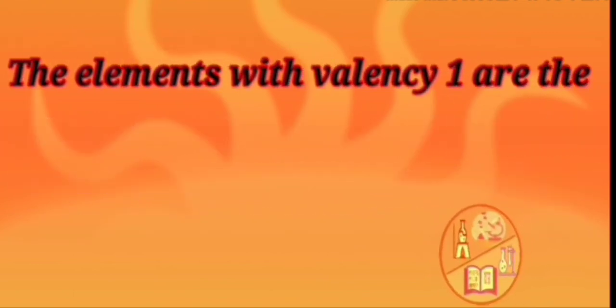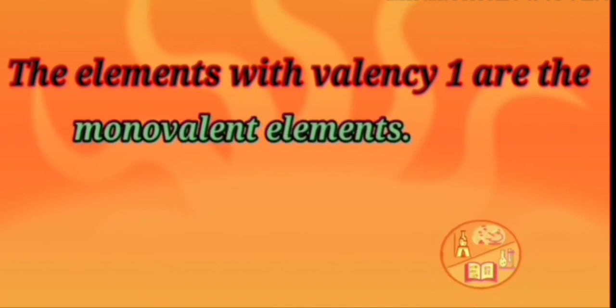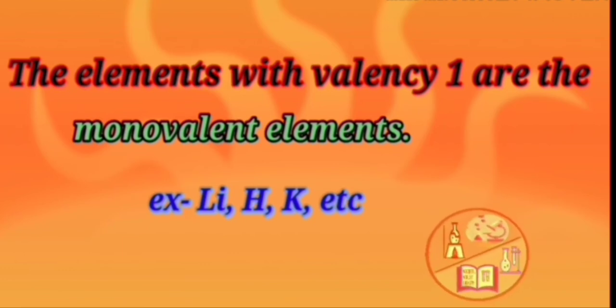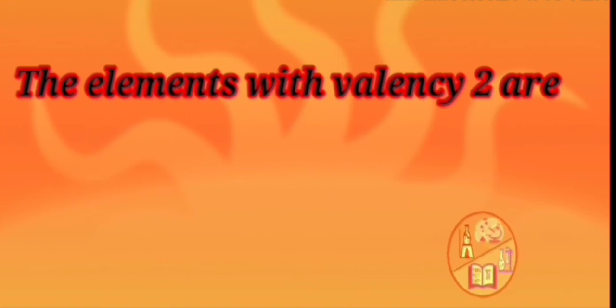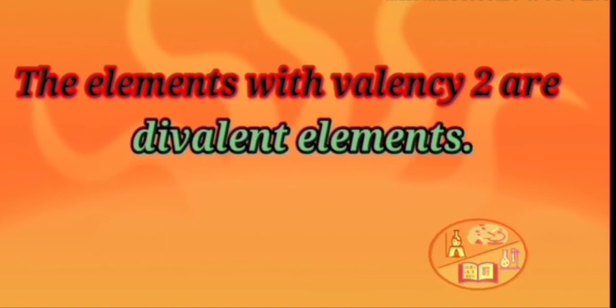The elements with valency 1 are the monovalent elements. For example, lithium, hydrogen, potassium, etc. The elements with valency 2 are divalent elements.